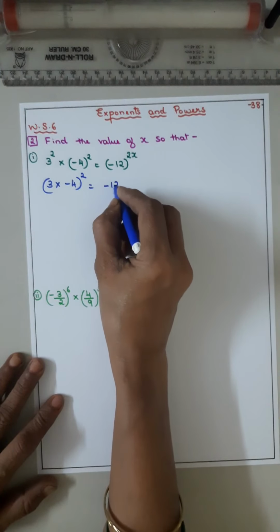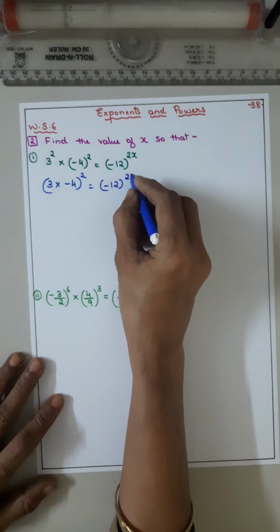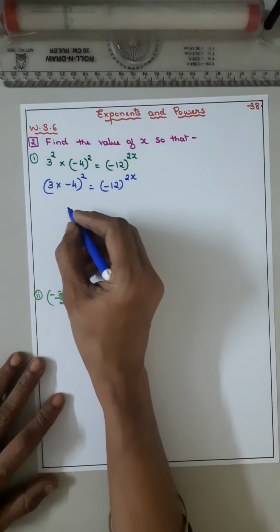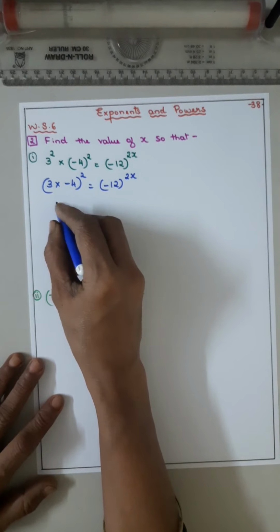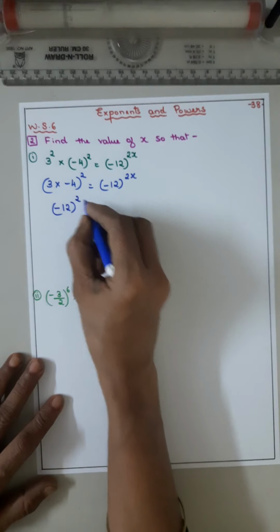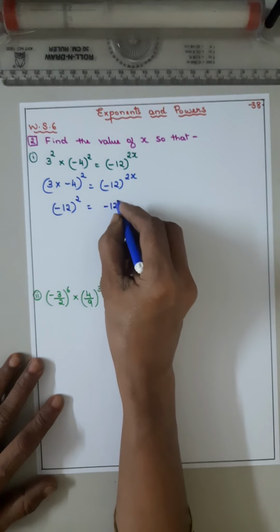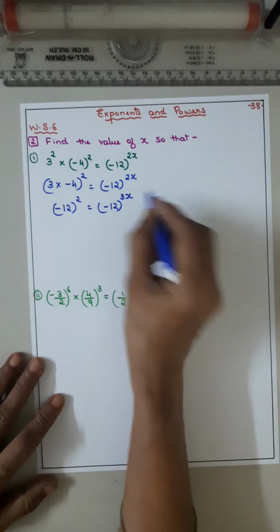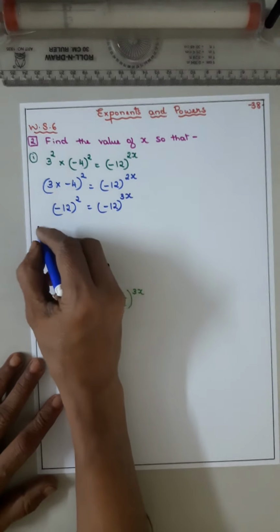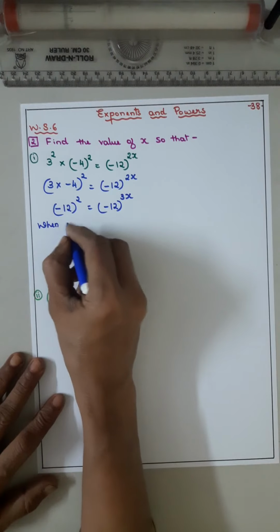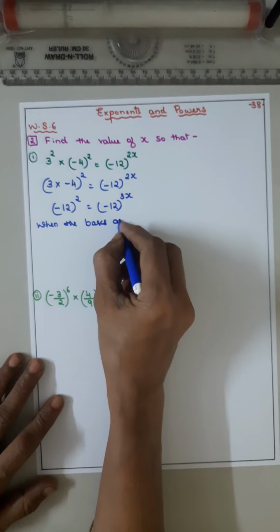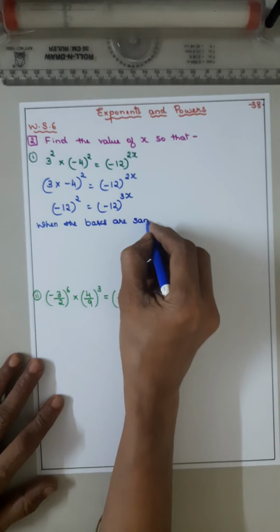Now it became this much. Okay. Now 3 into minus 4, minus 12, the whole raised to 2 equals minus 12, the whole raised to 2x. Now are the bases same? Yes. So what will you write? When the bases are same, we equate the powers.